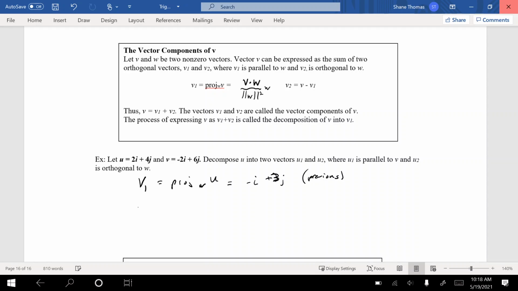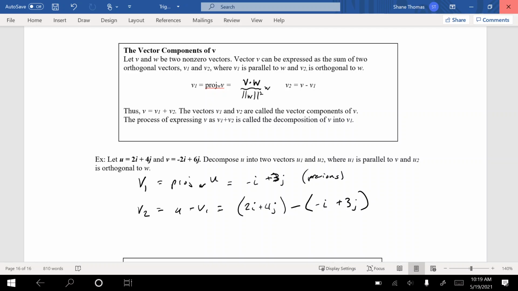And then for V2, the second one, we just take vector U and subtract V1. V1 we just found. So in this case, U is 2I plus 4J minus the V1 that we just found, negative I plus 3J.